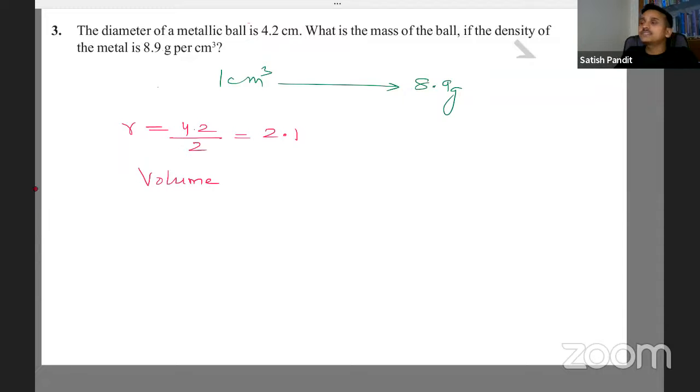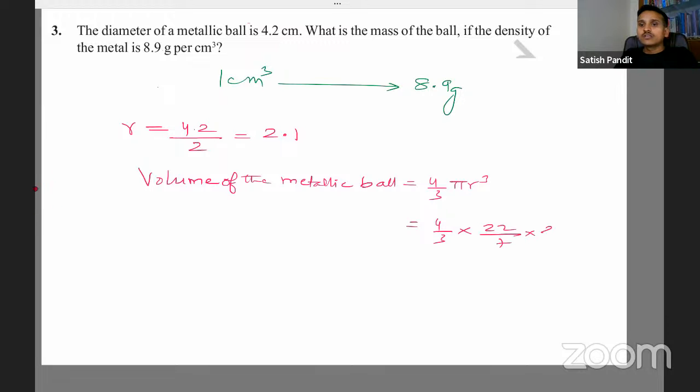Now, what is the volume? See, the metallic ball is spherical. So volume of the metallic ball is 4 by 3 into pi r cube.